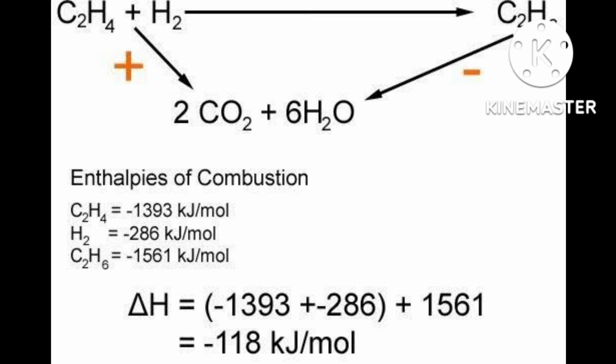And it forms 2HBr, hydrogen bromide, which is a gas. The delta H value given is minus 72.8 kilojoule per mole.